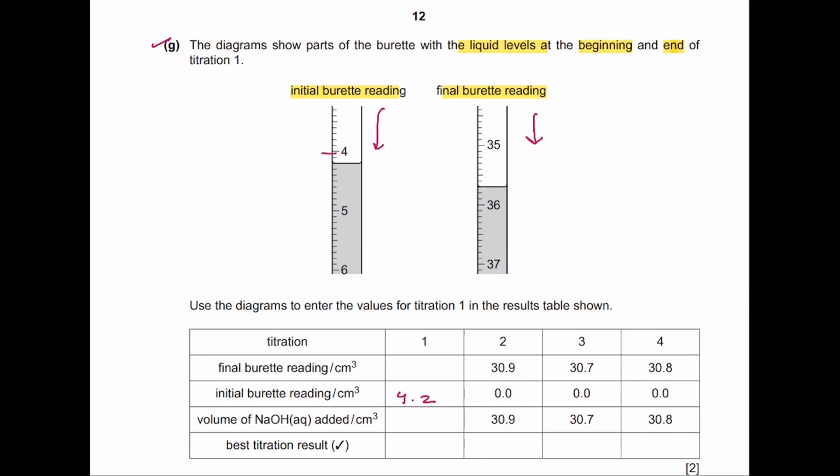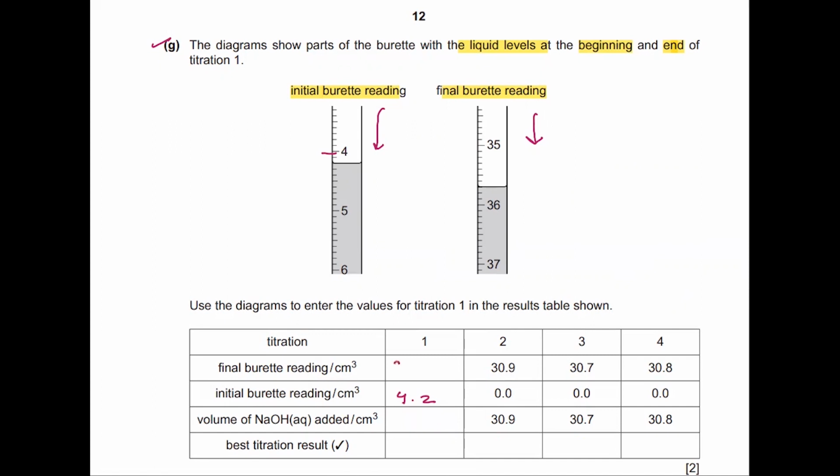And the final, when we read it, is going to be 35.1, 35.2, 35.3, 0.4, 0.5, 0.6, and 0.7. So this is basically 35.7. I'm sorry, not here, that is the final burette reading.